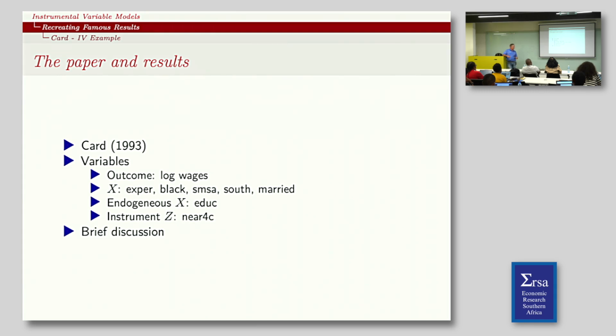This is a fairly famous instrument. The idea is that you yourself didn't really choose to live close to a university. Your parents might have, so there could be some endogeneity in there, but it's unlikely to be particularly massive.